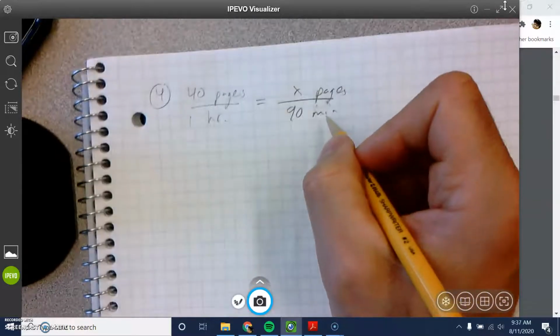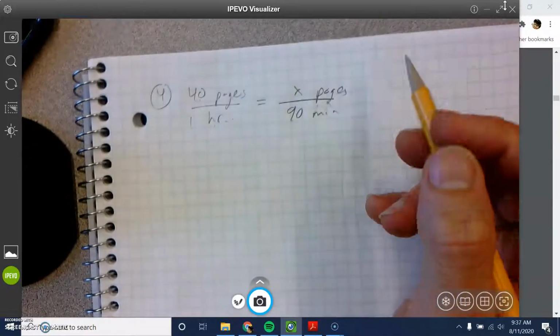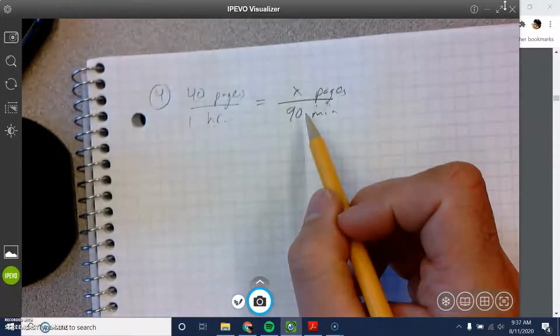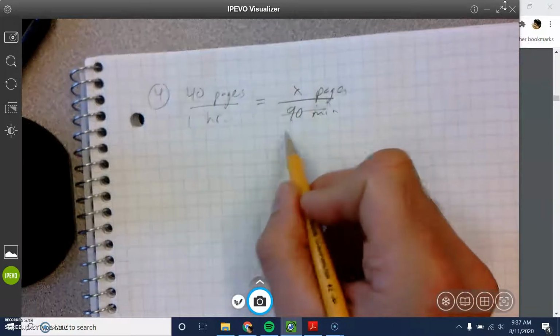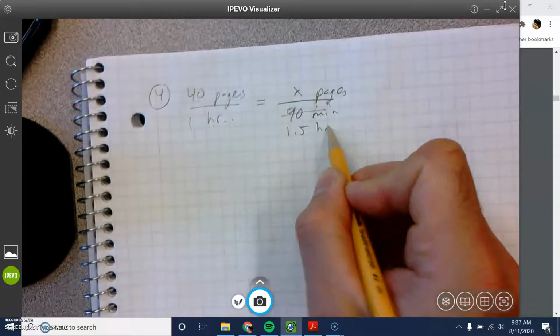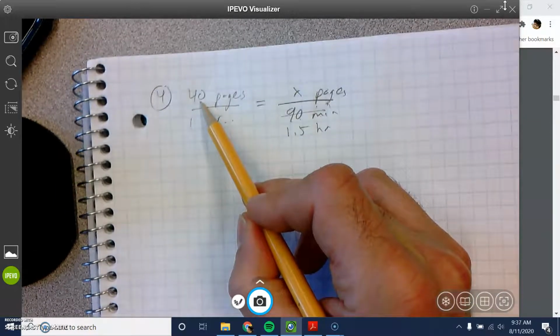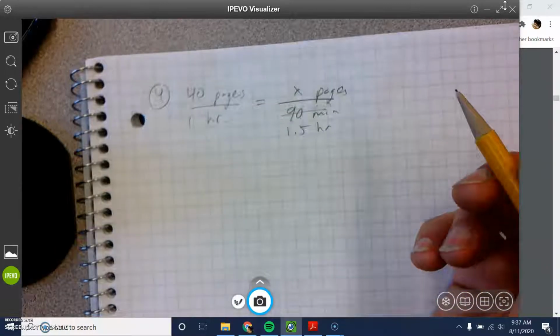Okay, so now we have a problem, because pages and pages, hours and hours. Well, in your head, you know that this is an hour and a half. So one thing you could do is change this to an hour and a half. And half of 40 is 20, and then adding the 20 to that would be 60. So you can figure it out that way.